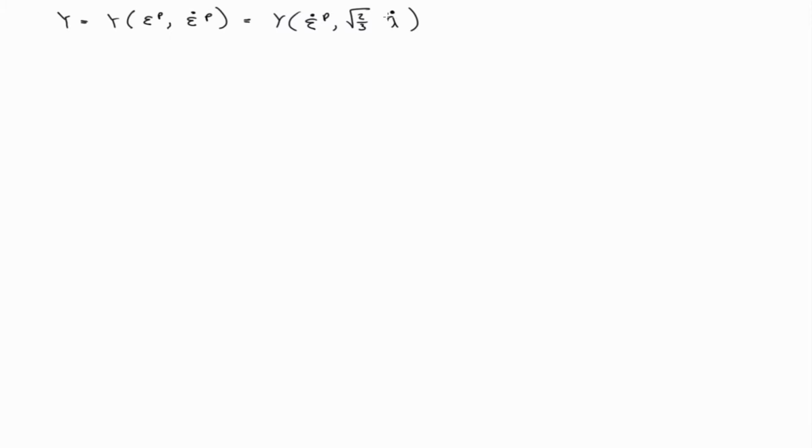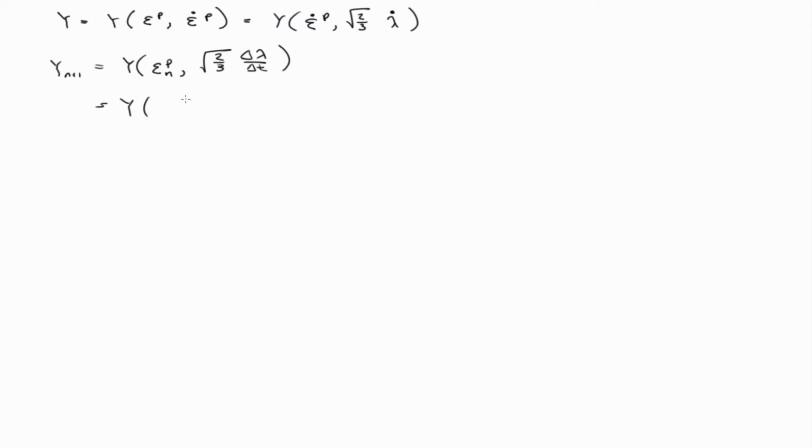Okay. So then y at n plus 1 is equal to y, and we have a choice here, right? We could use, say, the old value of equivalent plastic strain and square root 2/3 delta lambda over delta t, or we could use, I should put an n here.